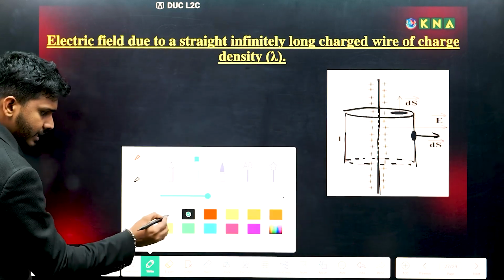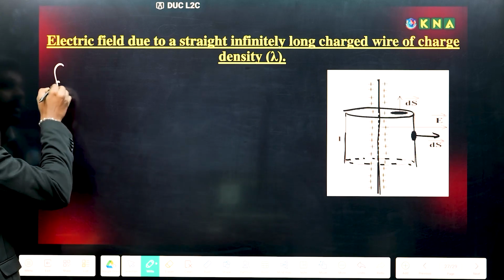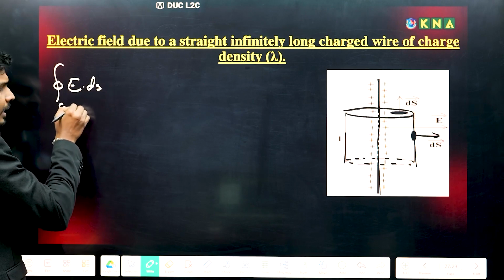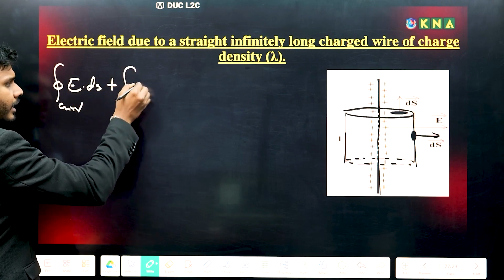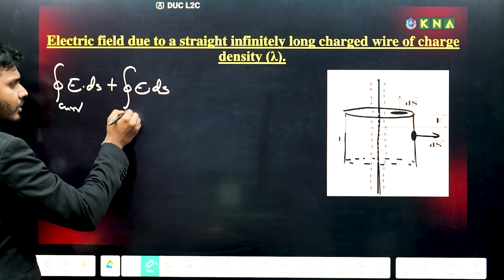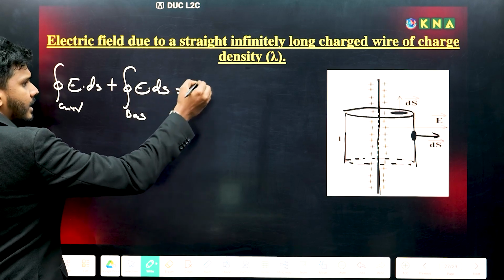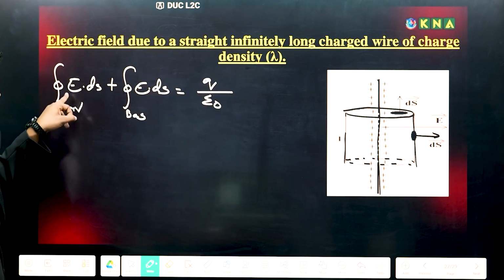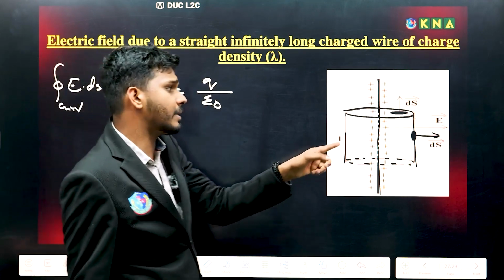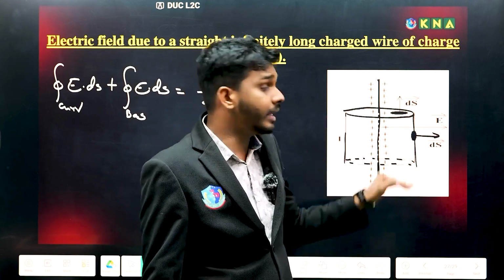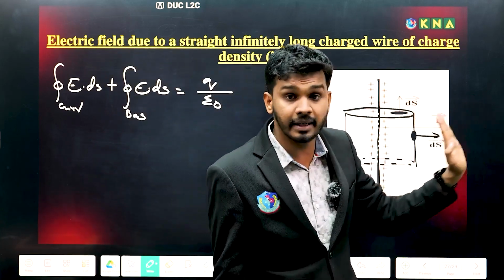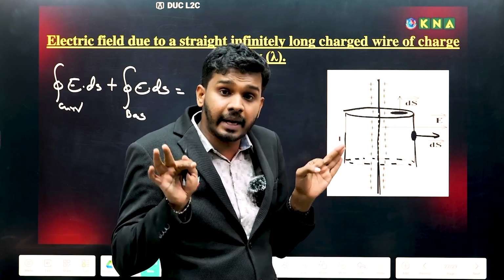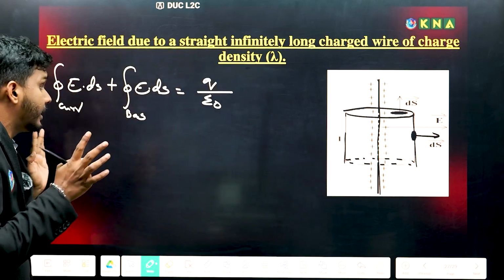Net electric flux is the integral of E dot ds over the curved surface plus the integral of E dot ds over the base surfaces, which is equal to q by epsilon naught. But for E dot ds at a base surface, the angle between E and ds is 90 degrees, and cos 90 is 0.